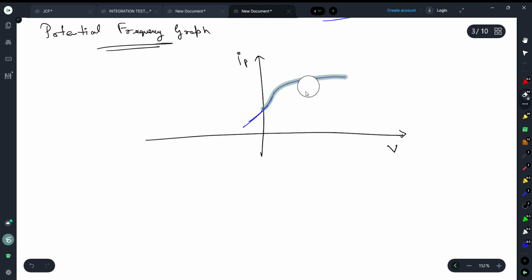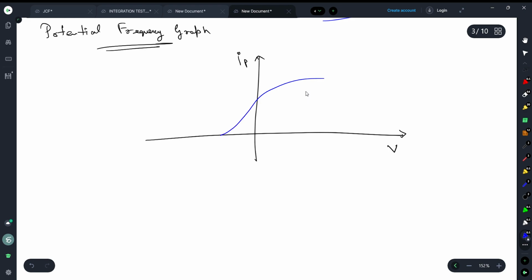Let me draw it more properly. So this is the axis. Very bad drawing, I'm very sorry. Okay, I'm very bad at drawing.